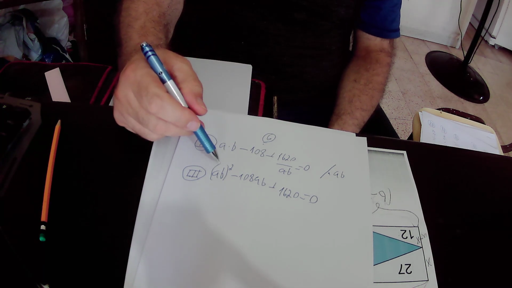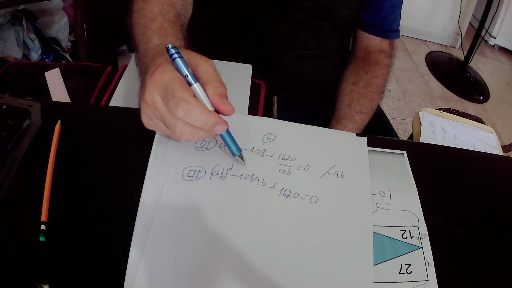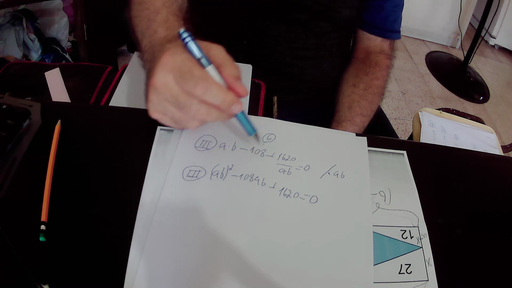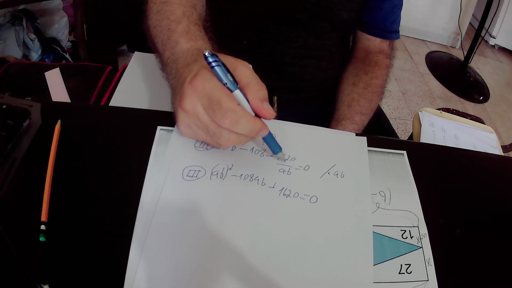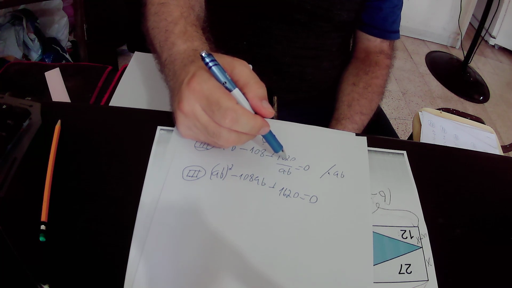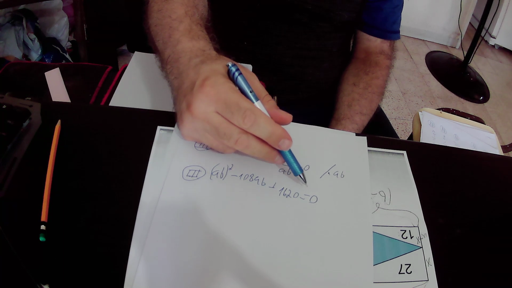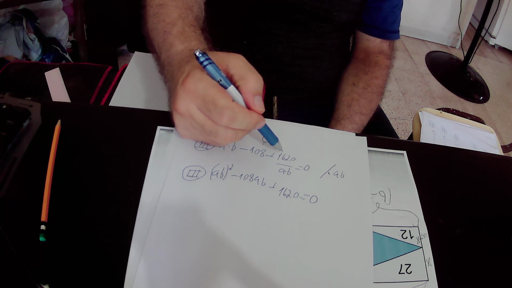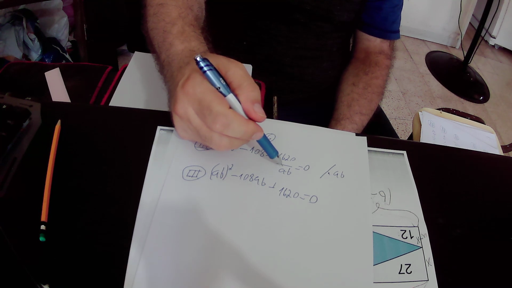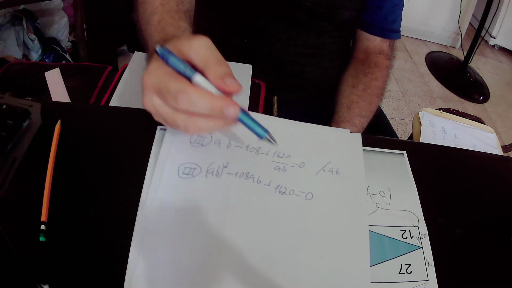ab times ab is ab squared. Minus 108 times ab is minus 108 ab, and 1620 divided by ab times ab is 1620, all equals 0.